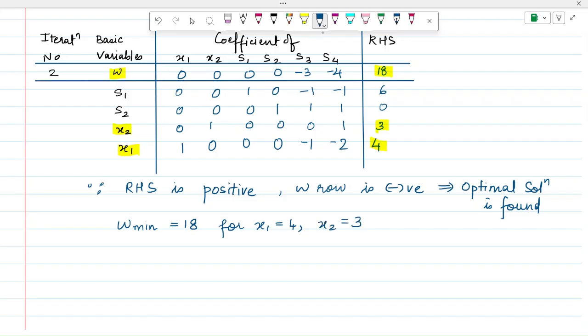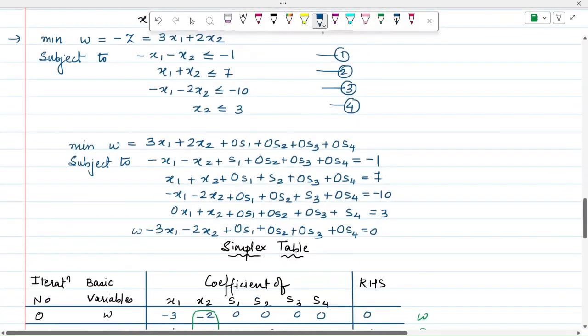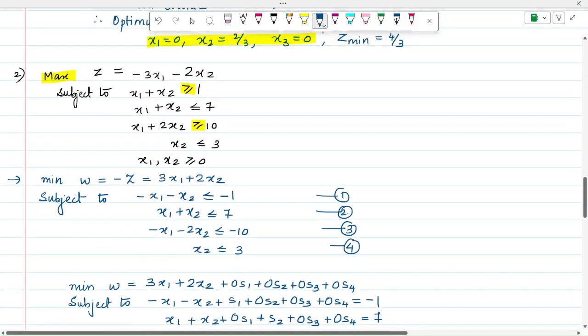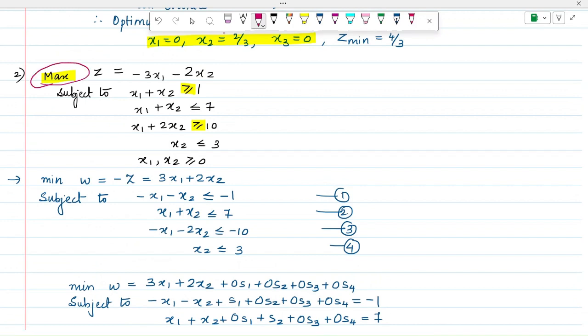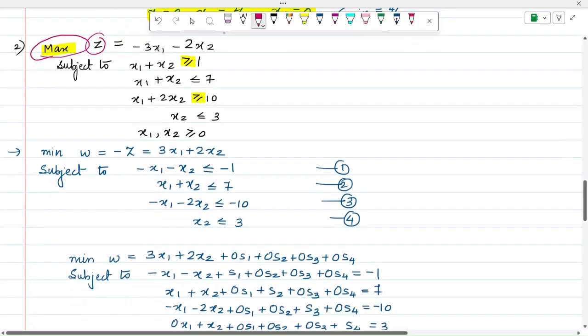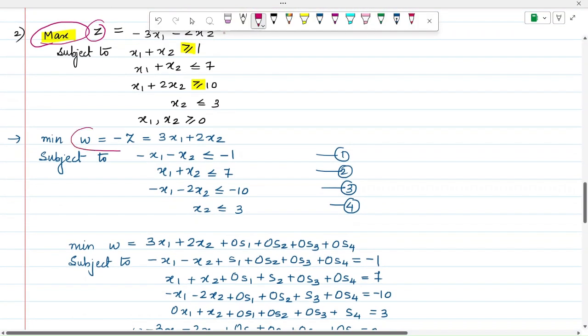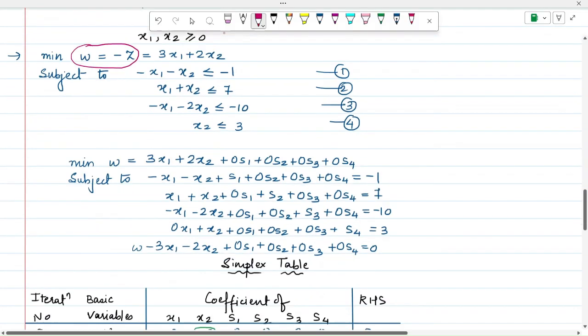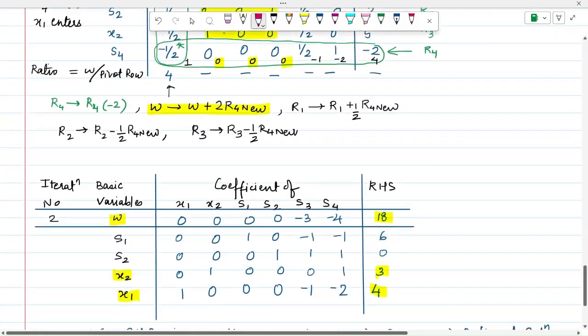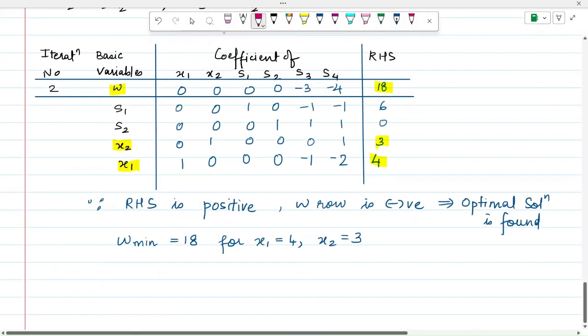Now remember the question where we started off with. The original question is of maximize category, not minimize. And the question is about Z. What we found is the value of W, which is negative of Z, correct? So we need to resubstitute that because W min was 18.